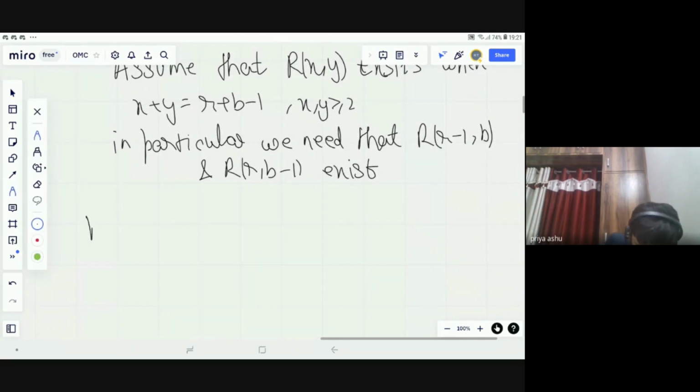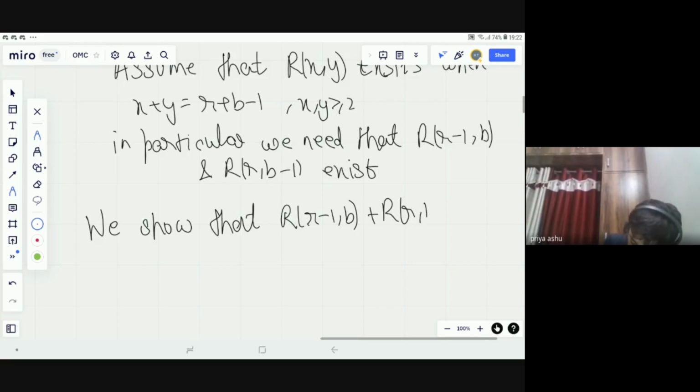And how do we do that? We show that R(R-1,B) + R(R,B-1) vertices suffice. That is, if you have at least R(R-1,B) + R(R,B-1) vertices, then we would have a red KR or a blue KR.